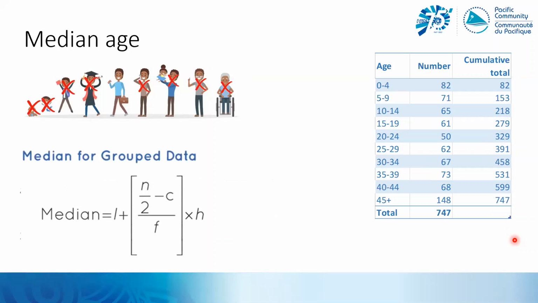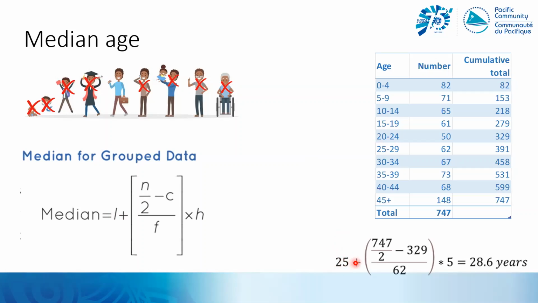So with a formula, and I'm pre-prepared, so I've got the numbers already put in. Our median, we want the lowest age of that middle group, which is our 25.